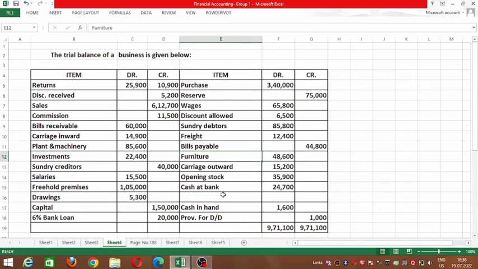Now let's see what are the short-term assets or current assets.